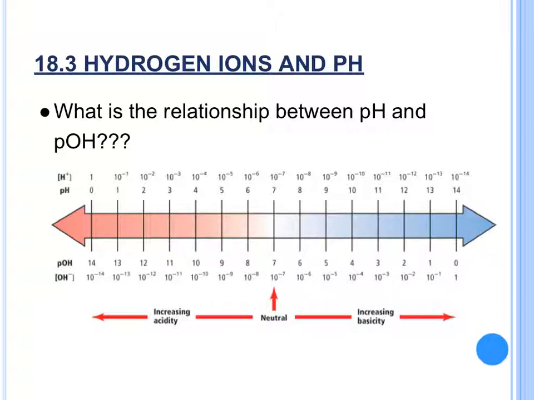And 7 is the same for both because it's neutral on both scales. So they go in opposite directions. But the other key factor that we talked about is that the pH plus the pOH always, always, always equals 14. So you can always use that fact to find one if you've got the other.